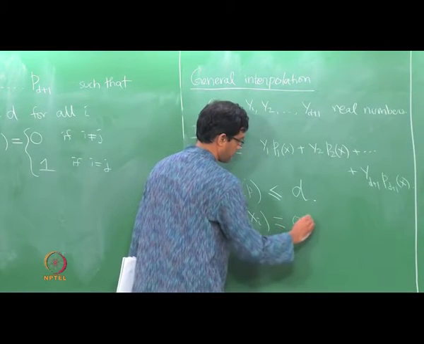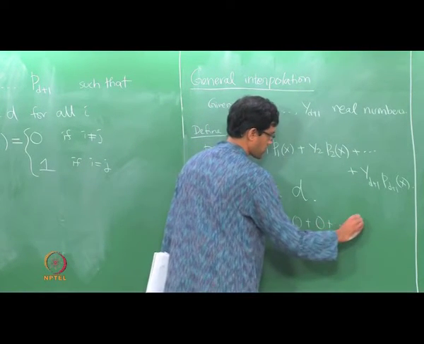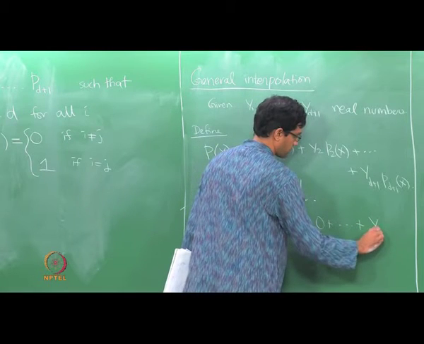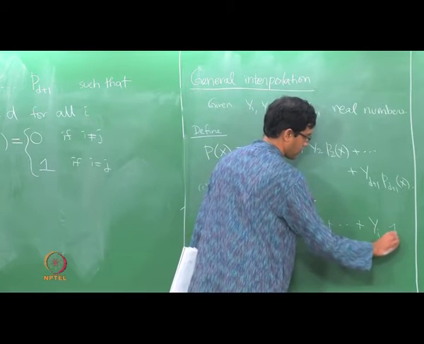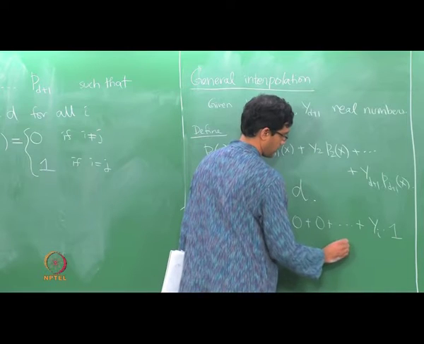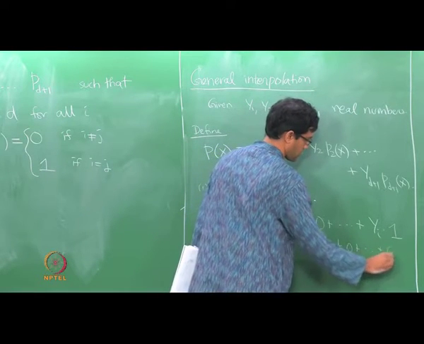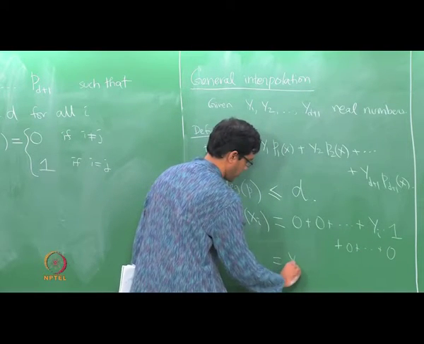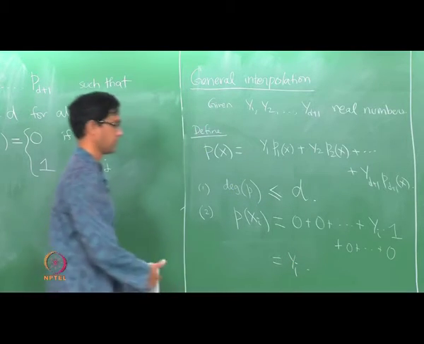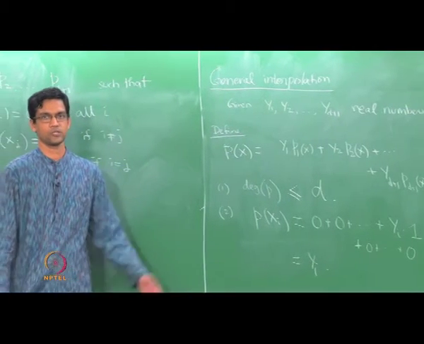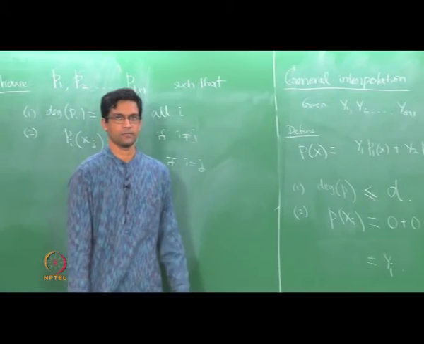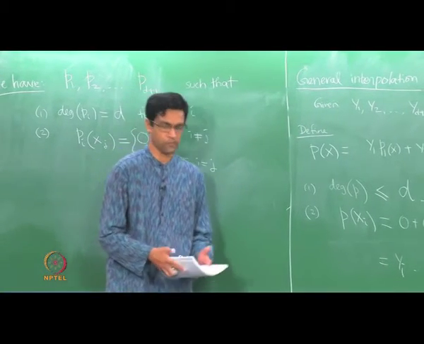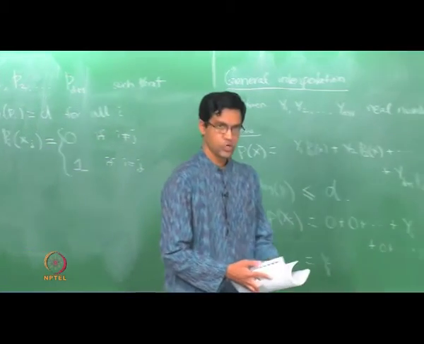This is basically lots of zeros. The ith term gives you yi times the value of the polynomial, which is 1, plus a bunch of zeros again. So that is exactly the yi that we want it to be. Okay. So this is precisely the solution to the interpolation problem.